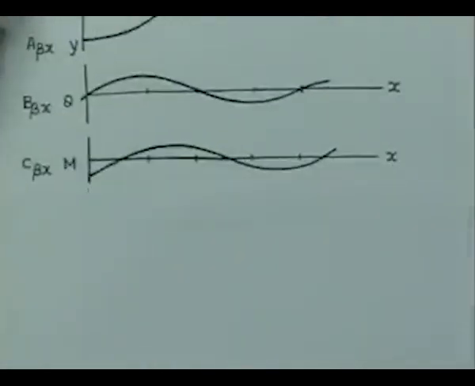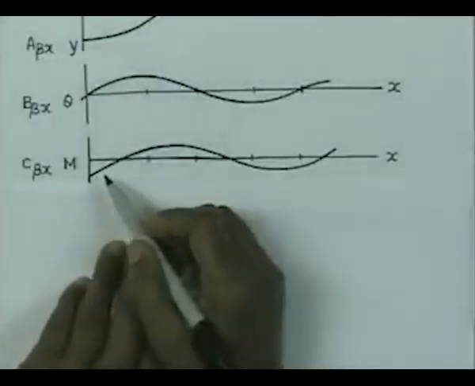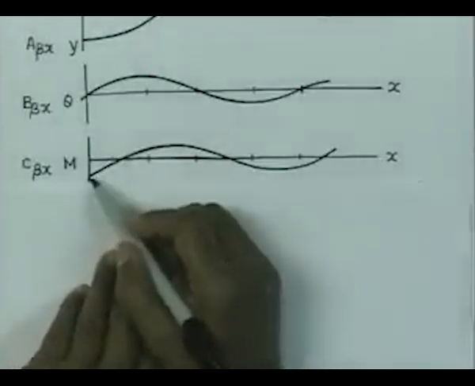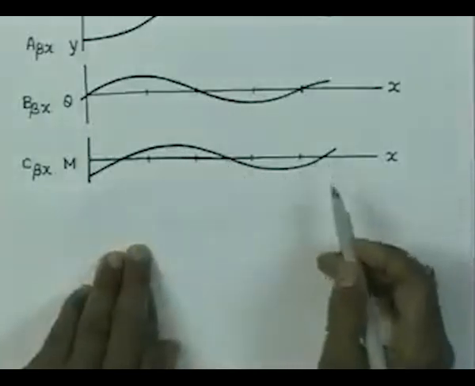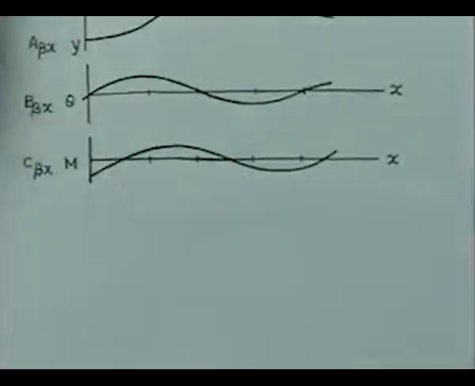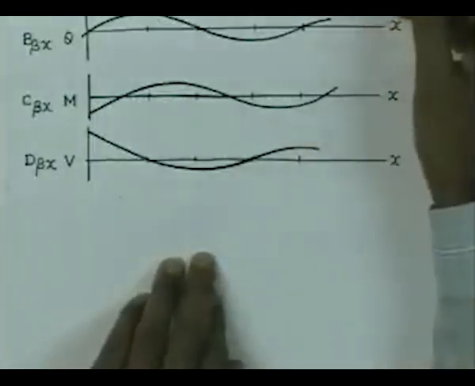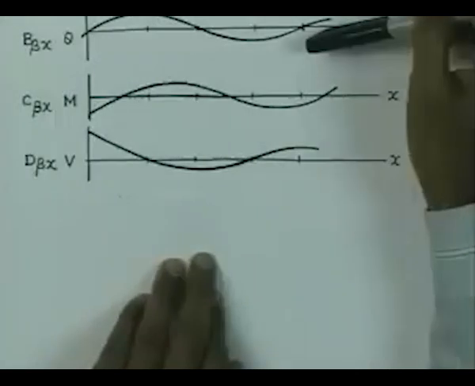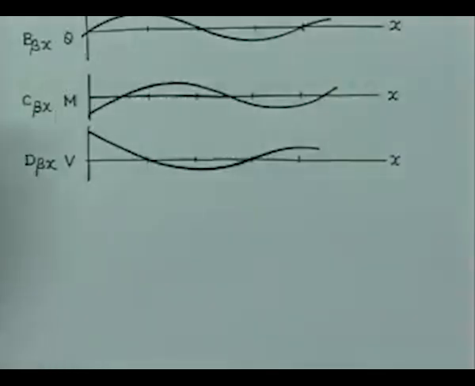And the variation of bending moment is like this. It is a symmetric function with some amplitude, and again it changes. Likewise, the variation of the shear force is antisymmetric, and this is how it varies. So, you find that one function is symmetric, the next derivative is antisymmetric, and it goes on. So, that oscillation takes place.